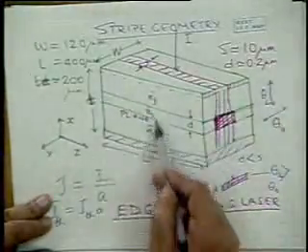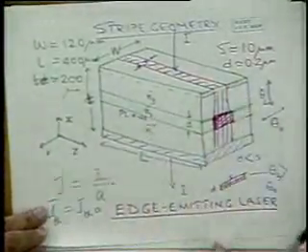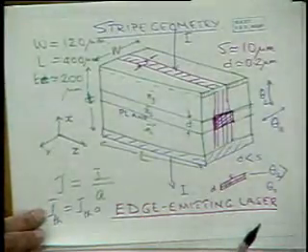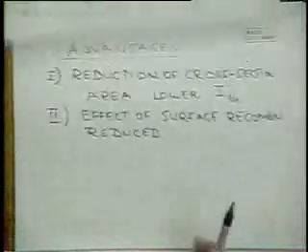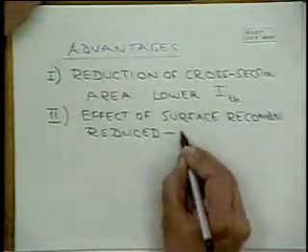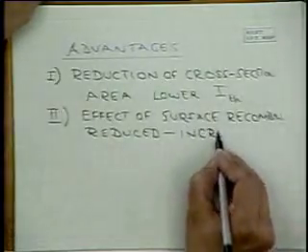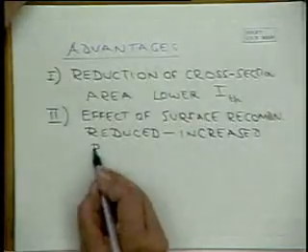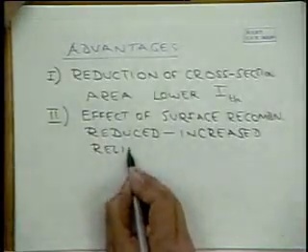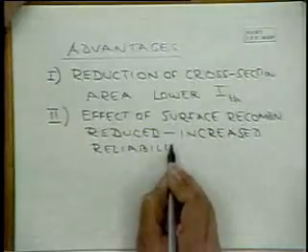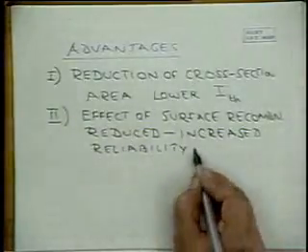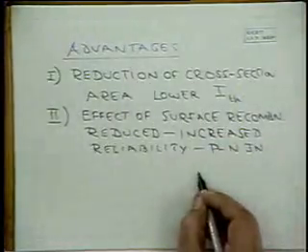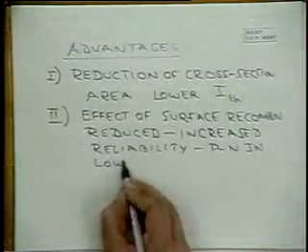So the effect of all this surface, which could cause leakage current, is reduced. However, there could be some leakage current, and we want to have some methods of reducing it further. And this also gives increased reliability, because after all, there's a PN junction, and the PN junction has lower leakage current.